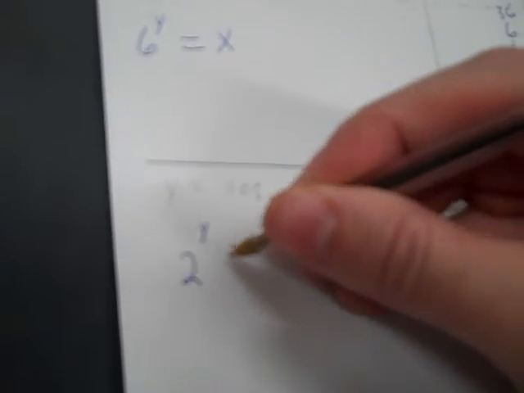Next one, get rid of the log by setting your base 2. And it's to the y power equals x. So the x is by itself, so the x is going to be the output this time.